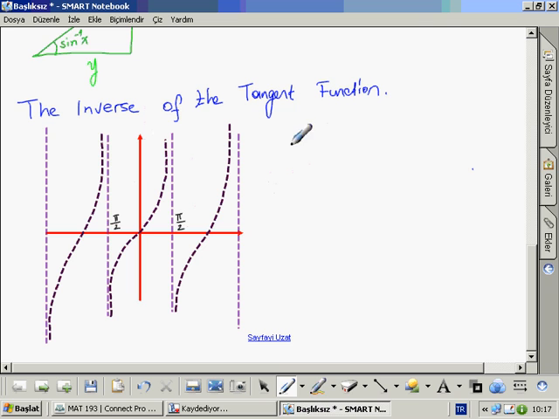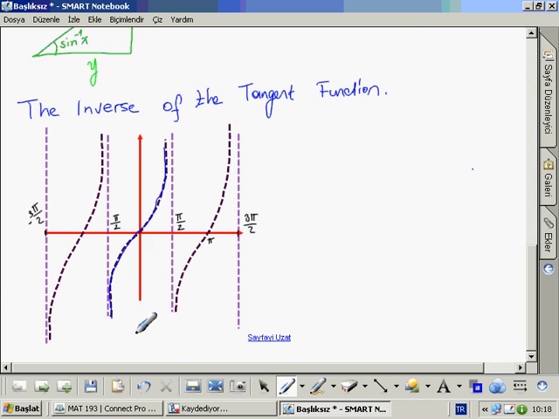This goes 0, pi over 2, and this point is pi, and this is 3 pi over 2, and this is minus 3 pi over 2. The blue curve is again the restricted tangent function.